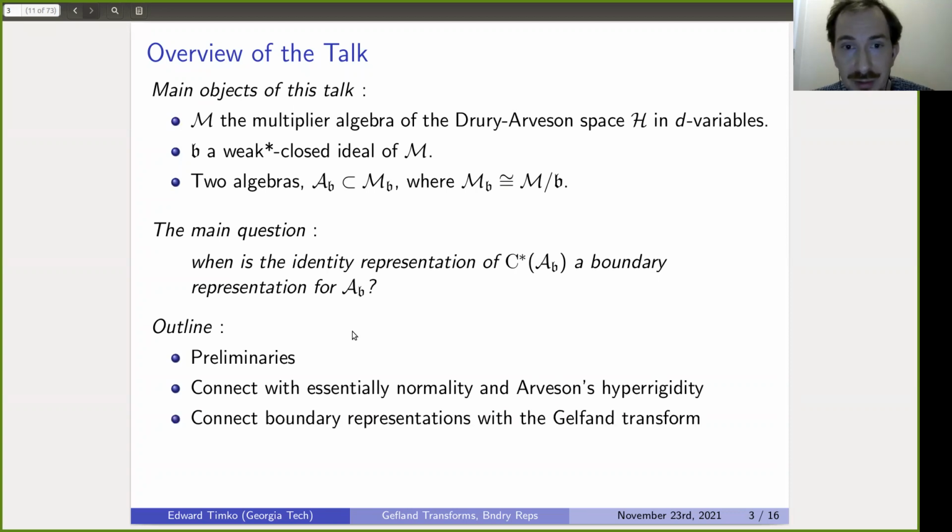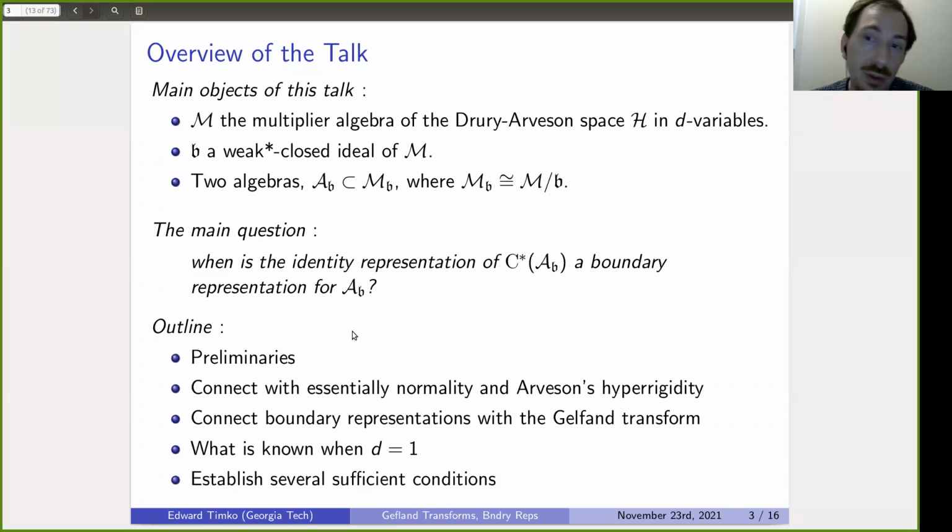I will then explain this connection between boundary representations and the Gelfand transformation as it appears in the title. Then talk about what is known in the situation where d is equal to 1 and where we find ourselves back on the Hardy space of the disk. And then I'm going to go over a collection of sufficient conditions to guarantee that we have the identity representation being a boundary representation.